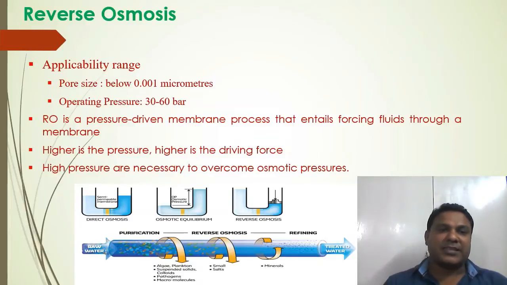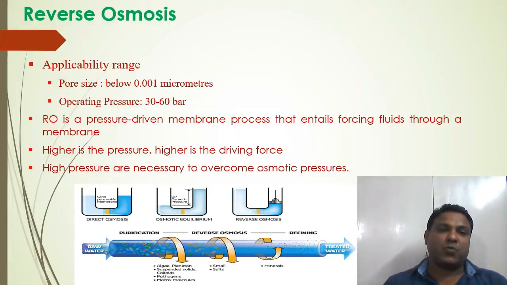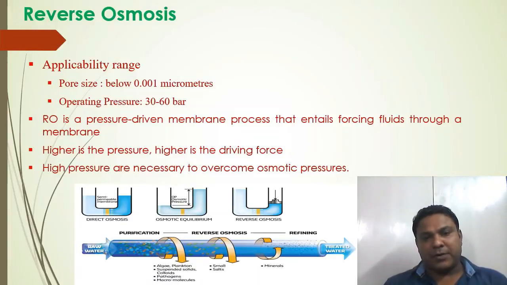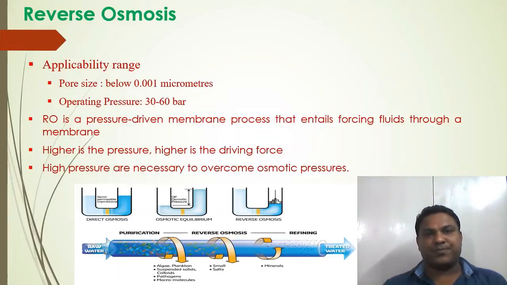The typical pore size for reverse osmosis is less than about 0.001 micrometer and the operating pressure is around 30 to 60 bar. In terms of approximate molecular weight, these membranes can separate molecules in the range of 100 to 300 gram per mole.